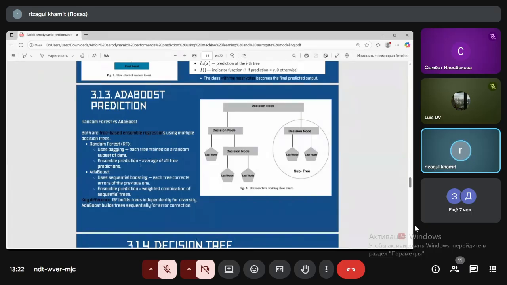Also, in a random forest, the ensemble prediction is the average of all tree predictions, while in AdaBoost, the ensemble prediction is a weighted combination of sequential trees. So random forest builds trees independently for diversity, while AdaBoost builds trees sequentially for error correction.